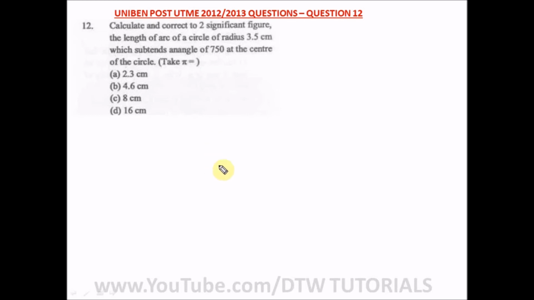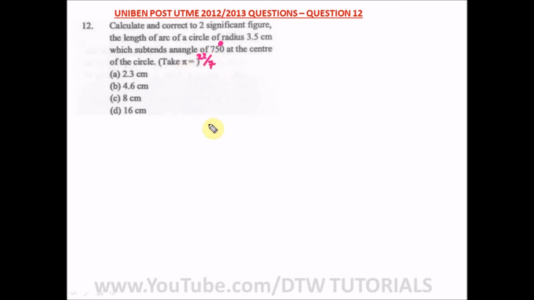Question 12 of the UNIBEN post-UME past questions for 2012/2013. It says calculate, correct to two significant figures, the length of arc of a circle of radius 3.5 cm which subtends an angle of 75 degrees at the center of the circle. Take pi as 22/7.